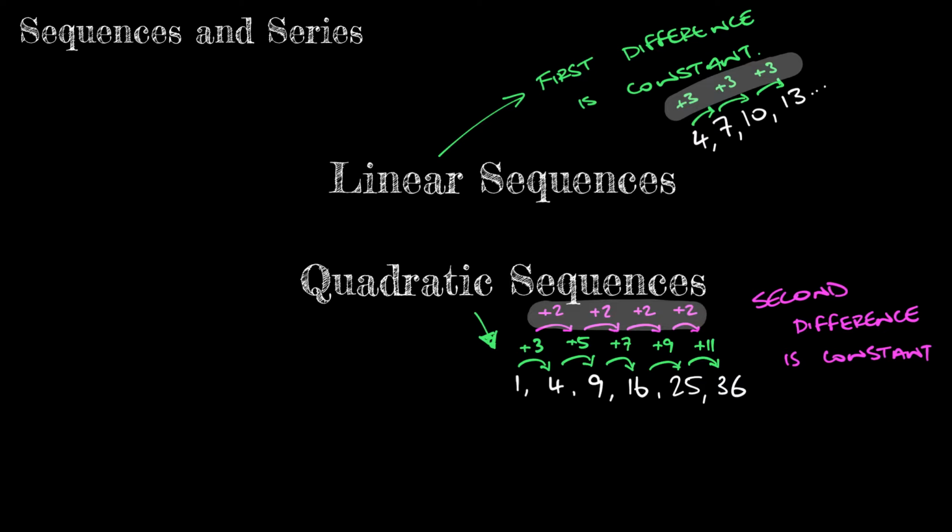So that's the main thing, that's the difference between the two. If you have a linear sequence, the first difference is constant. If you have a quadratic sequence, the second difference is constant.